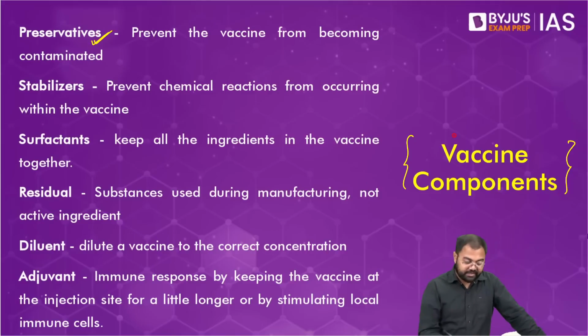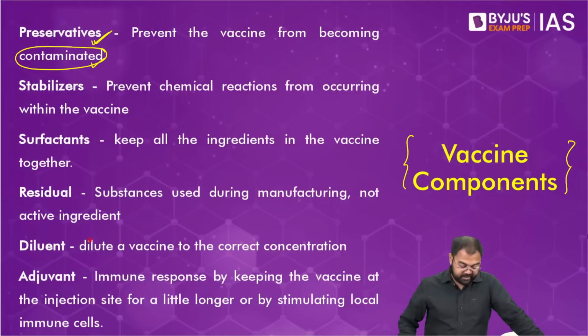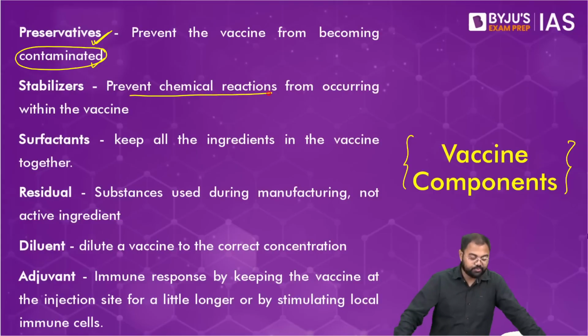These preservatives will prevent the vaccine from becoming contaminated. So they will prevent contamination. Then after that, there will be some chemicals that will act as stabilizers, and they will help in preventing chemical reactions from occurring within the vaccine. So one saves from contamination. Second, helps from any kind of chemical reaction happening inside the vaccine.